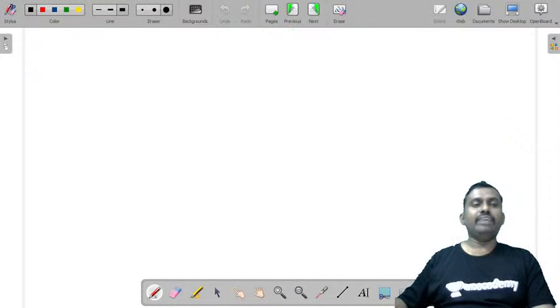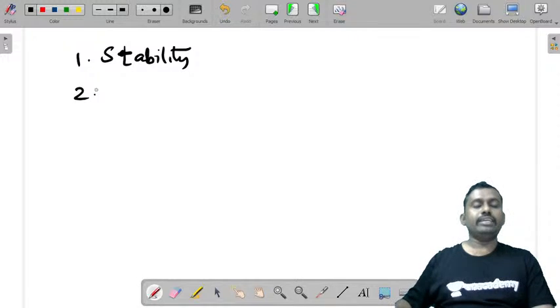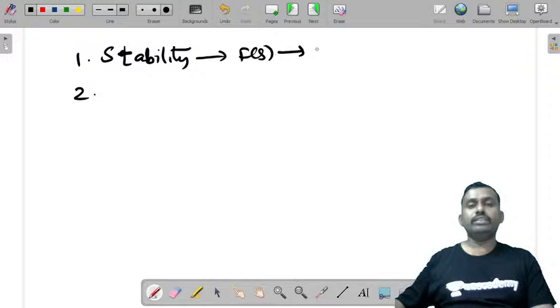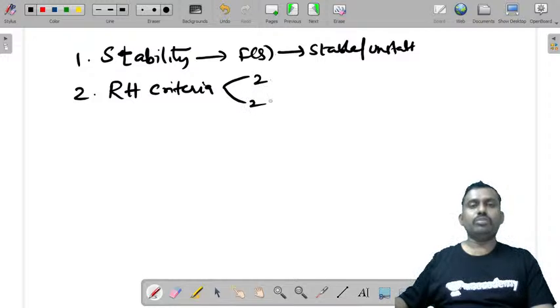So today we have discussed the stability concept, different f of s functions, as well as the s plane and stable, unstable, and everything. And we have tried to understand what the RH criteria is. We came across two problems in that, 1 and 2.